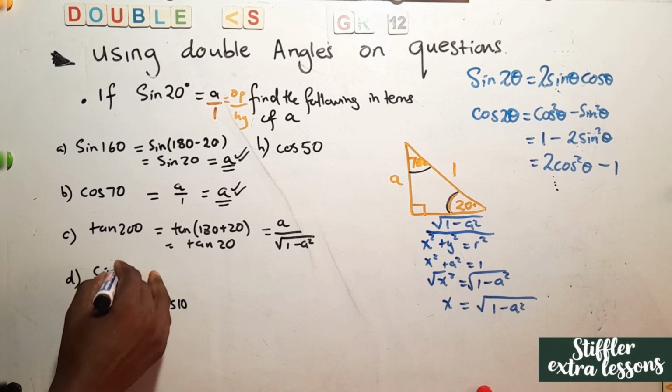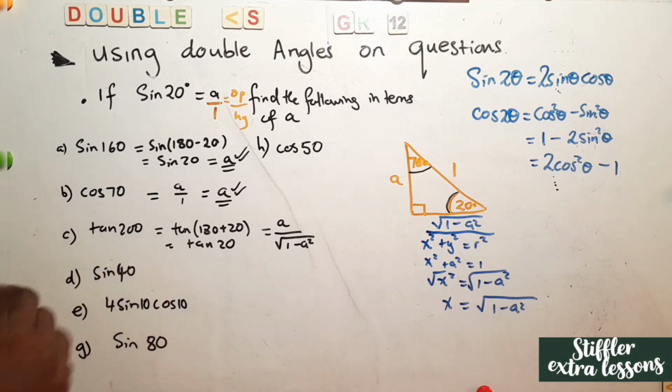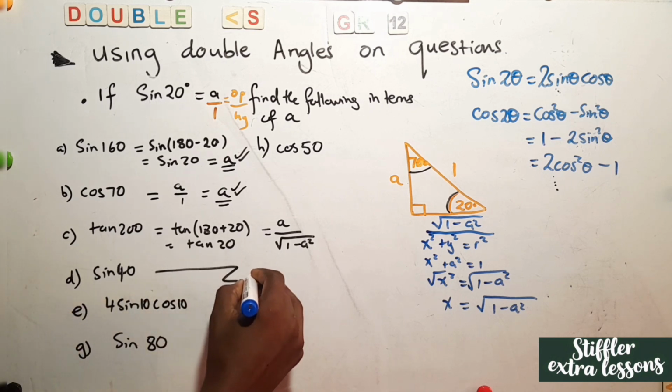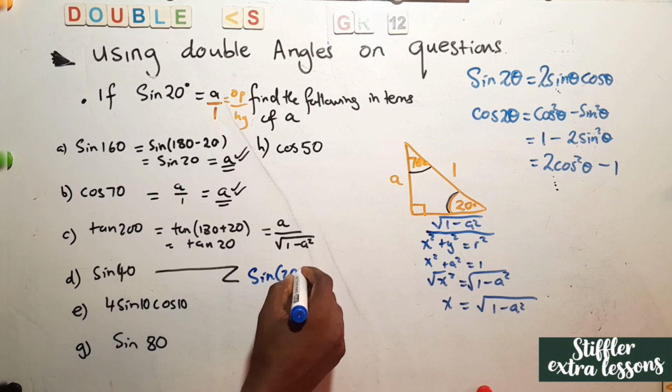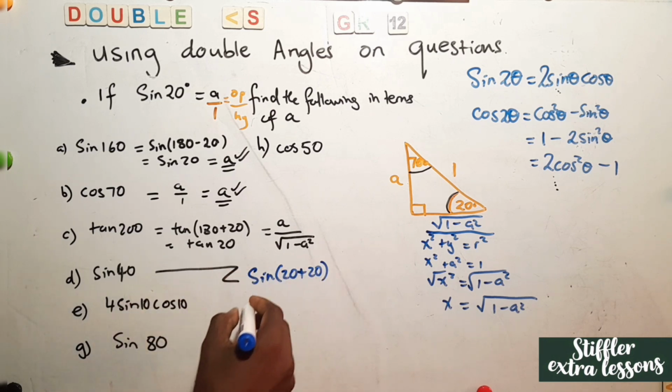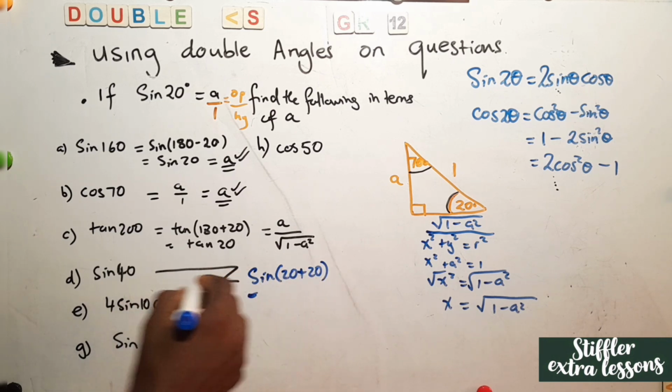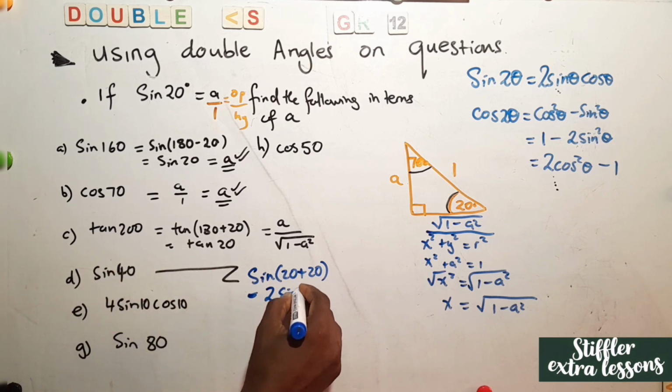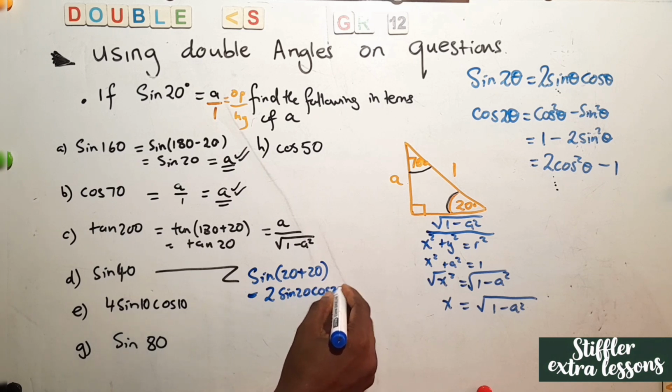So now they said sine of 40, and you don't have 40 anywhere on that triangle. So we can use the double angle of sine. So what is the double angle of sine? The double angle of sine says this is sine of 20 plus 20, which will be equivalent to 2 sine 20 cos 20.